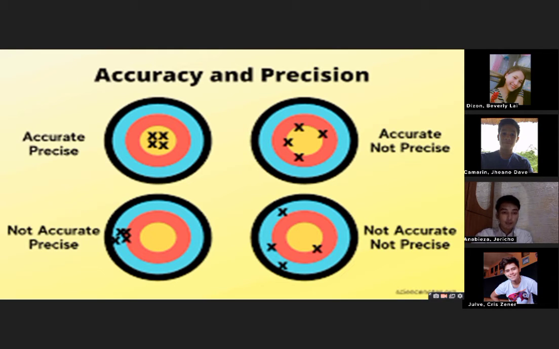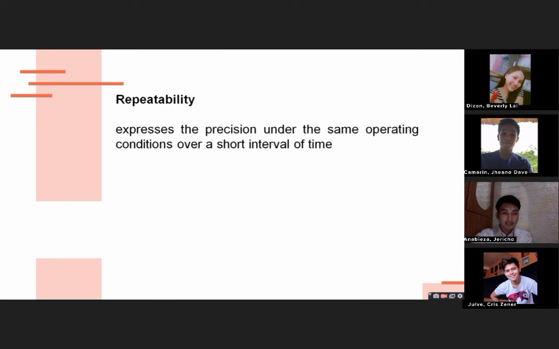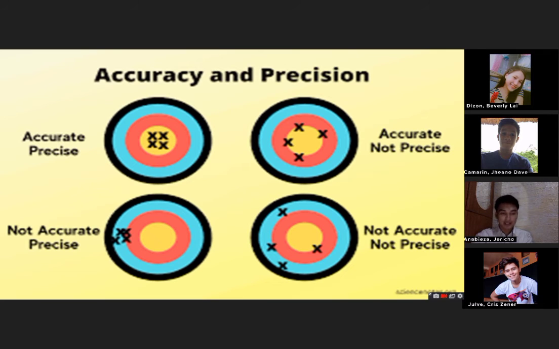And next here we have not accurate but precise. The reason why it is called not accurate is, as I have explained earlier, you can only call it accurate if it is close to the actual value or the target value.